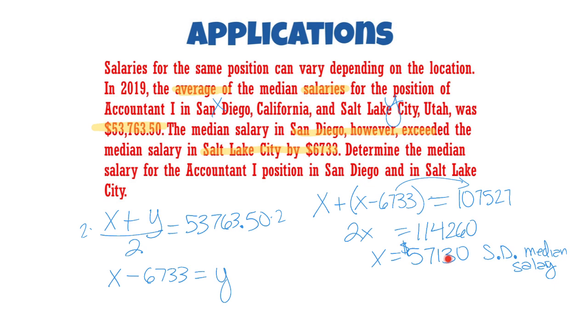So I'm going to take this and put it in right here, and then I'll have my Y figured out. So the 57,130, and then subtract the 6733. I got 50,397. And that's the Salt Lake City median salary.